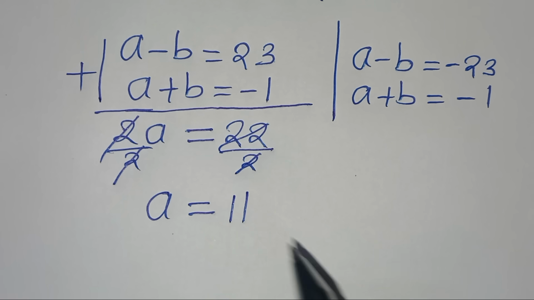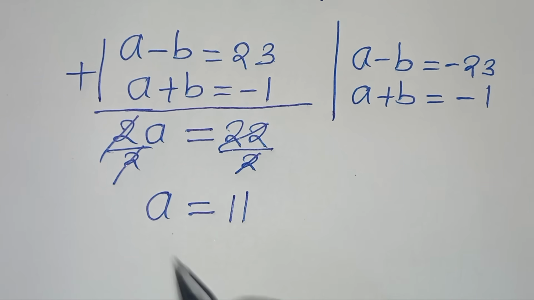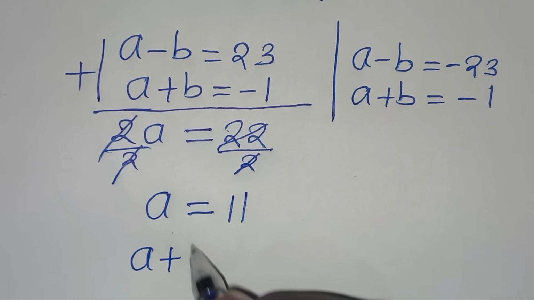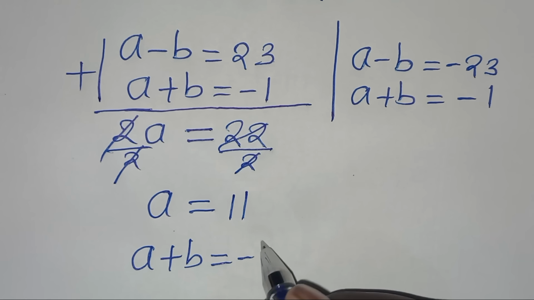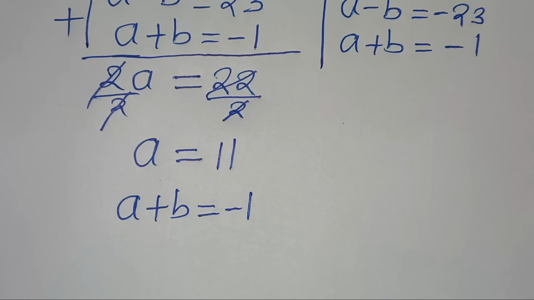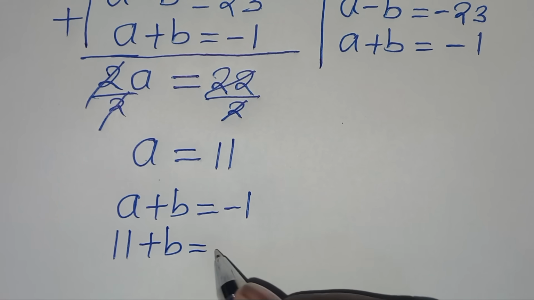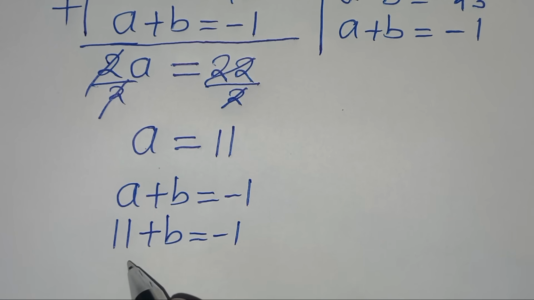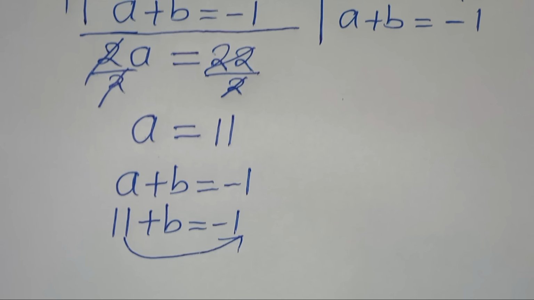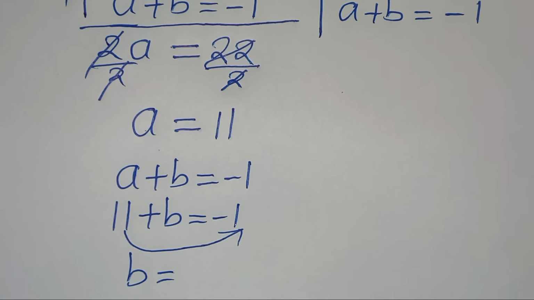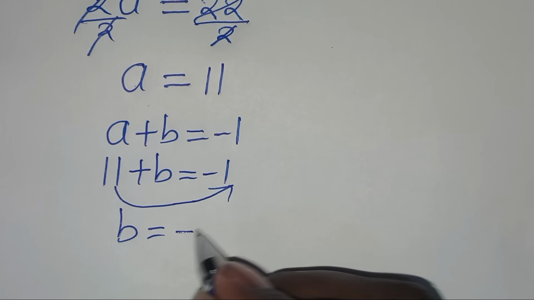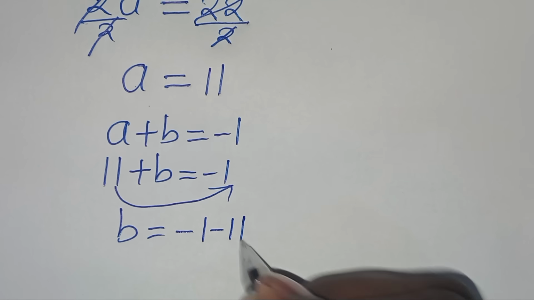Now we can solve for the value of b. We have that a plus b is equal to negative 1. So we can substitute the value of a, which is 11, plus b is equal to negative 1. So let's take 11 to the right hand side. So we have b is equal to negative 1, subtract 11.